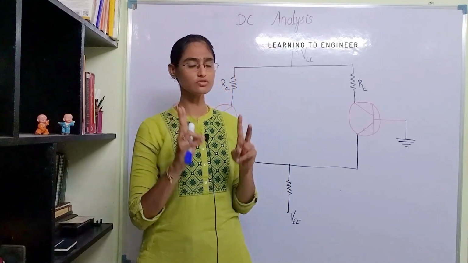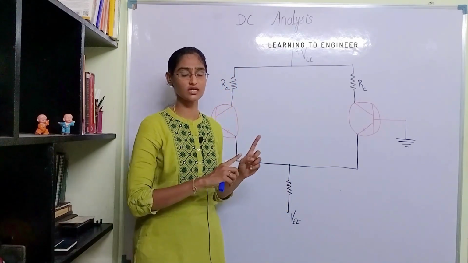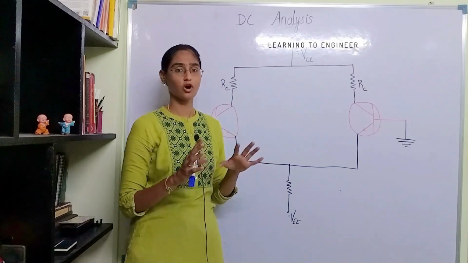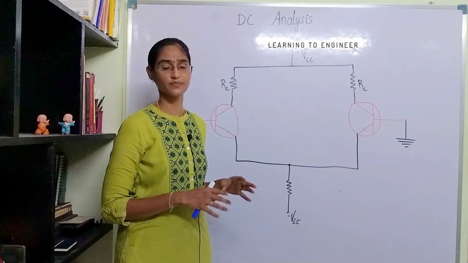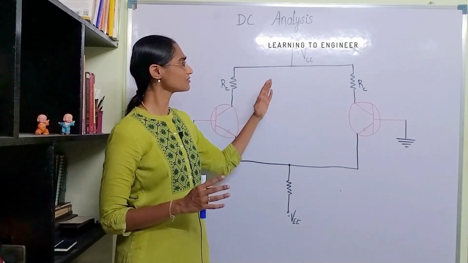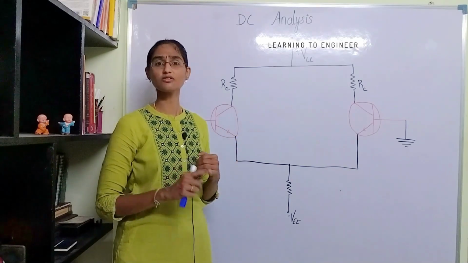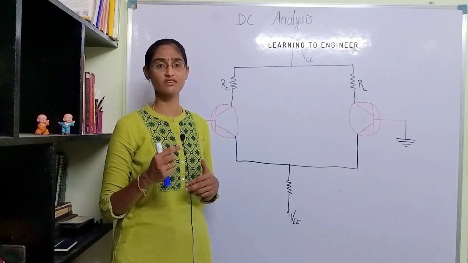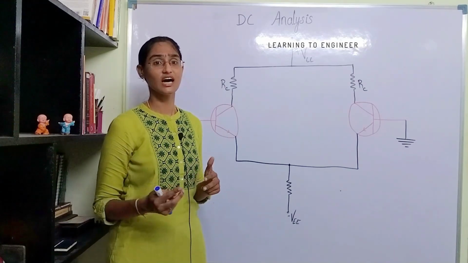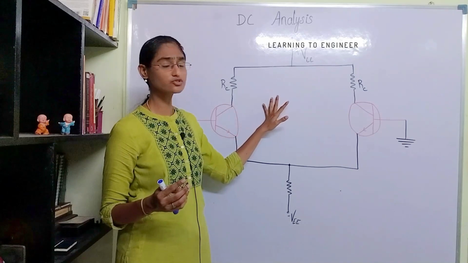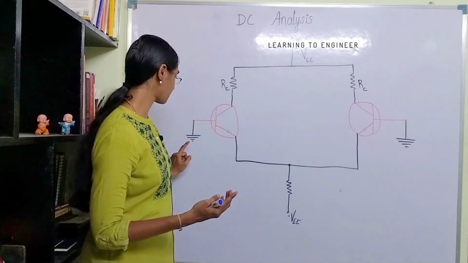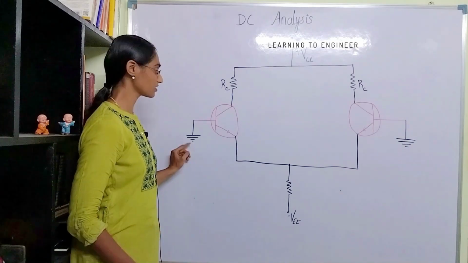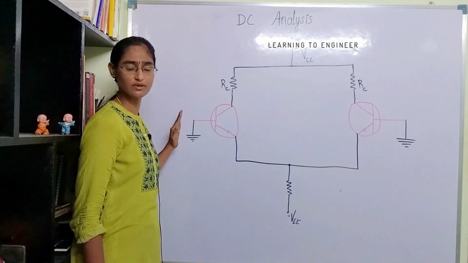Okay, so we have two signals over here. One is the supply input and the other is the operating input. The operating input is the DC and the signal is the AC part. We are analyzing both of them separately because both of them are designed for different purposes, and we are applying the superposition theorem over here. How? We are first suppressing the AC part because the AC part is applied to the transistor's base, right?